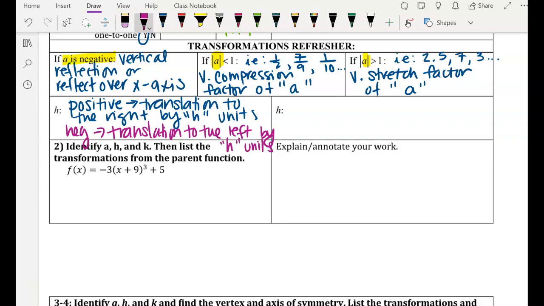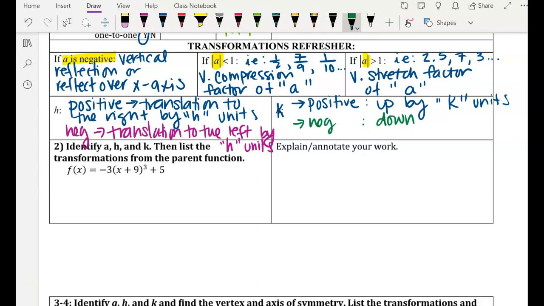Similarly for k, except now it's up and down. If k is positive, we can have a translation upward, up by k units. If k is negative, it's going to go down by k units.